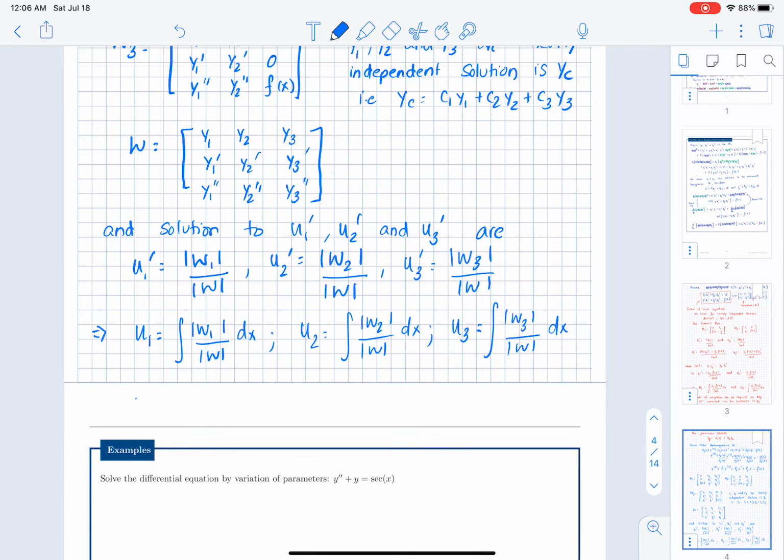And the particular solution would simply be u1 y1 plus u2 y2 plus u3 y3. Forgot to multiply.